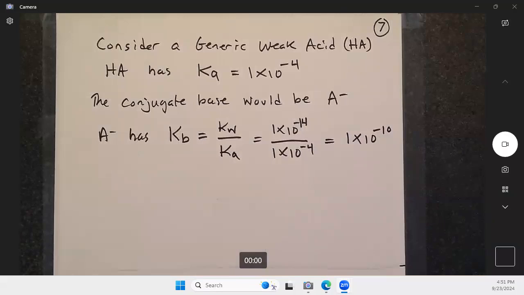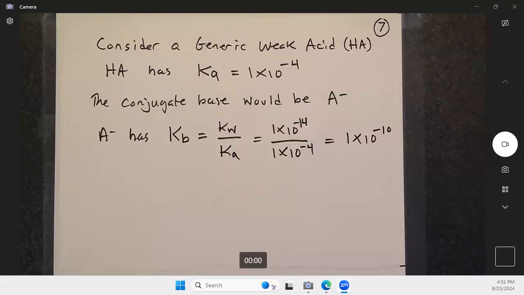There's no leeway with this. We're constrained, aren't we, by the relationship between Ka and Kb that we talked about. It can't just be anything. We're constrained by that equation.